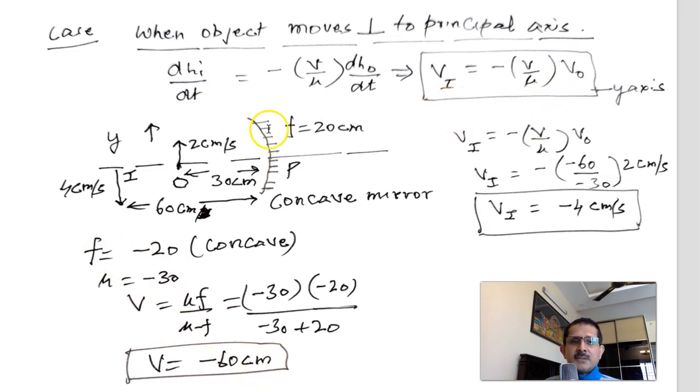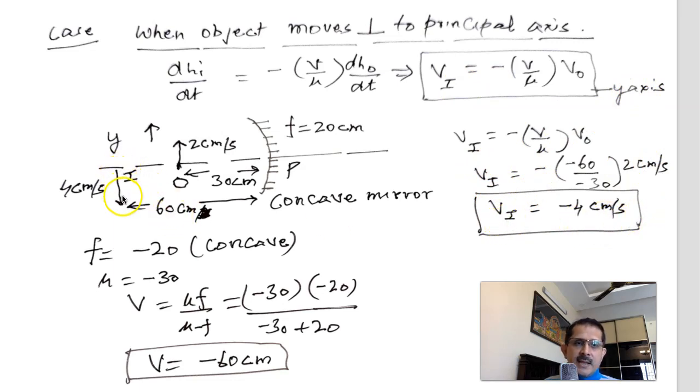Now I have to find the speed of the image if the object is moving 2 centimeter per second. So if the object is moving 2 centimeter per second, quickly apply this formula, the one which we have studied. Remember, this is also the y-axis and this is also the y-axis. If I put it in, I get Vi is equal to minus 4 centimeter per second.